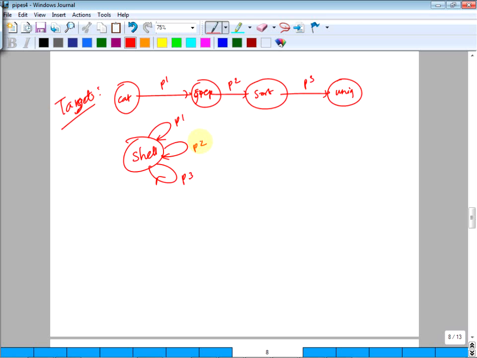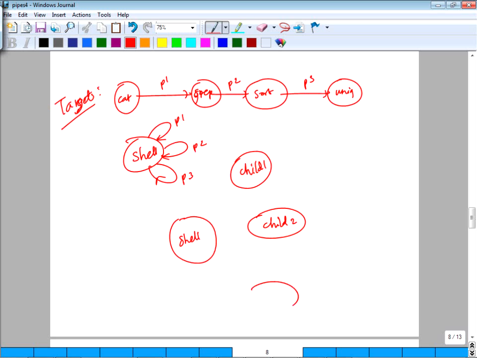So it creates this many pipes, then it does that many forks, right? So from here, shell, right? So this has the same configuration. It's kind of confusing. So child 1, child 2, child 3, and each one with the same configuration, right?